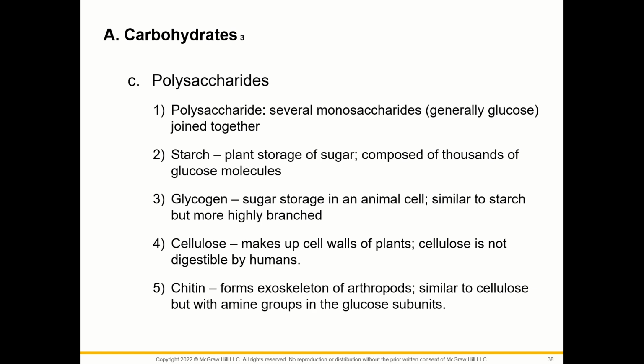Starch is the plant storage of sugar, composed of thousands of glucose molecules. Glycogen is the sugar stored in animal cells. It's similar to starch, but more highly branched. Cellulose makes up the cell walls of plants. Cellulose is not digestible by humans. And chitin forms the exoskeleton of arthropods. It's similar to cellulose, but it has amine groups in the glucose subunits.